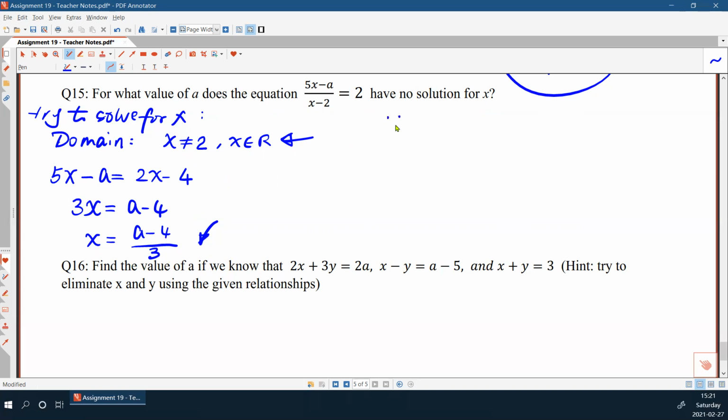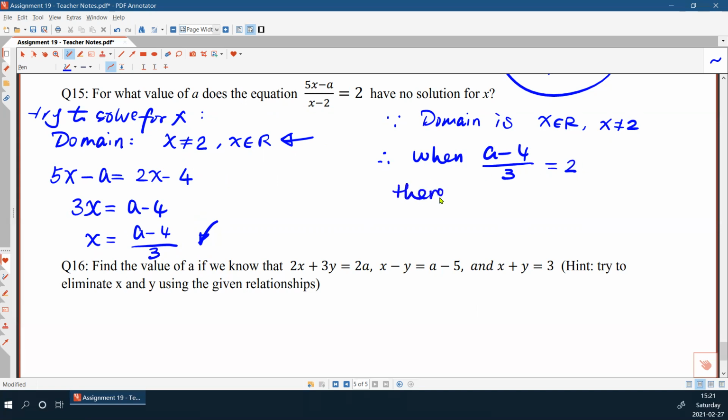Okay, so because the domain is x cannot be 2, when a minus 4 over 3 equals how much? When this value equals 2, there is no solution, right? Why?